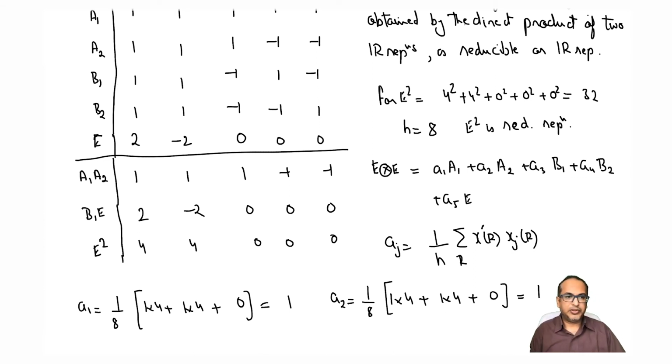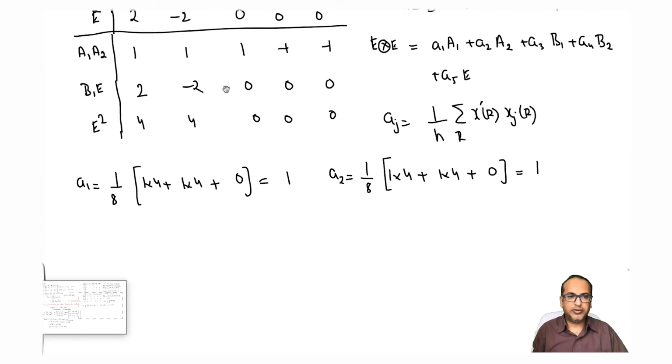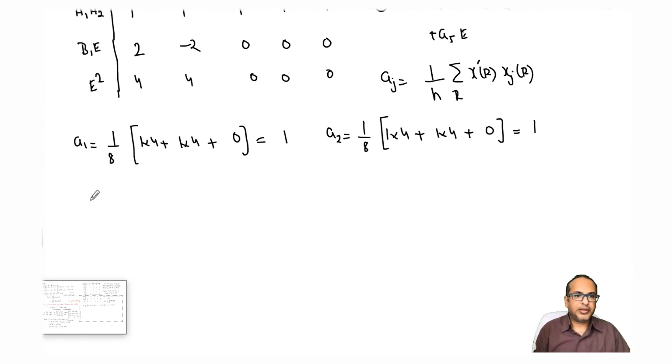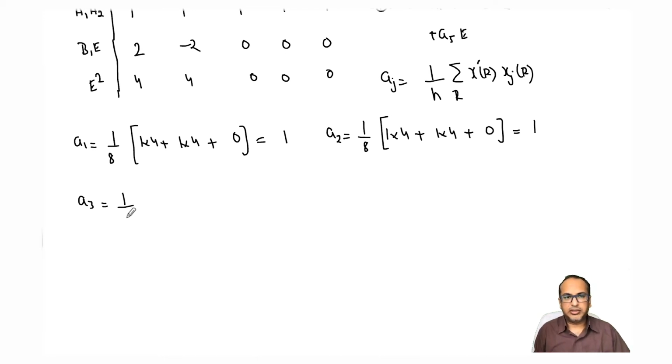Okay, so let's move forward. For A3, we now have to multiply with the B1 characters. So 1 over 8, and doing the same thing, we will get 1. I have not done the complete calculation here, but what we will get is 1. And A4 also we will get 1, and we can see that A5 will be 0.